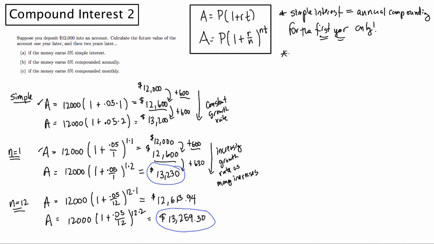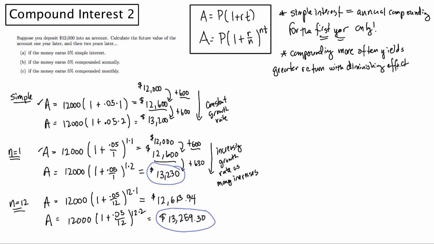And so the idea is compounding more often yields a greater return with diminishing effect.